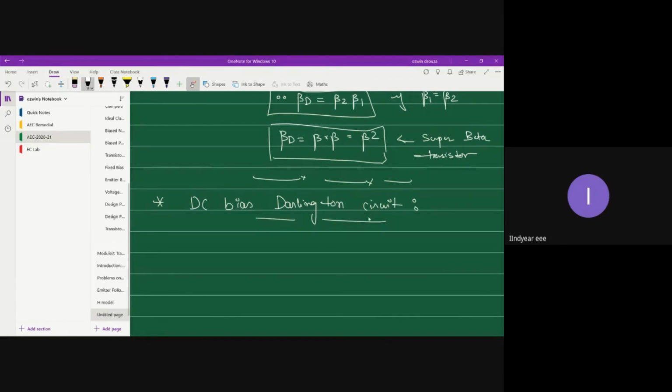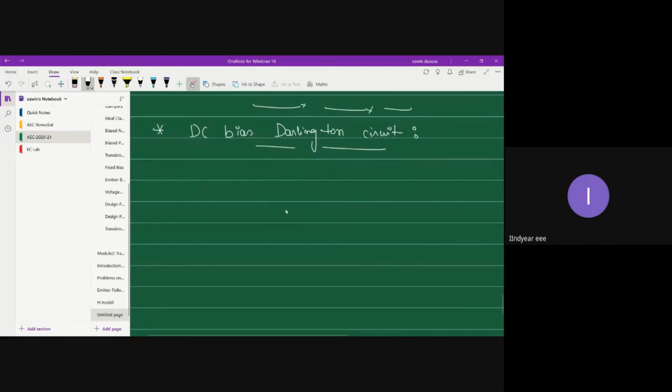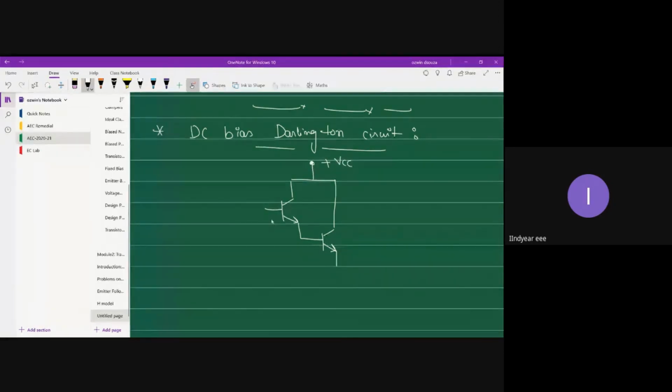DC bias in the sense there will be no capacitors connected. First let me draw the Darlington configuration. The emitter of the first transistor is connected to the base of the second transistor, and the two collectors are connected together, and these two collectors are connected to power supply voltage VCC.